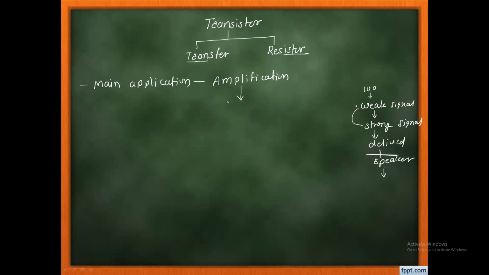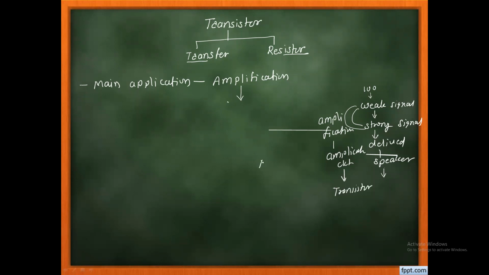This entire process of conversion of a weak signal into a strong signal is called amplification. The circuit used to do that amplification is called an amplifier circuit, and in that the transistor is the main component.